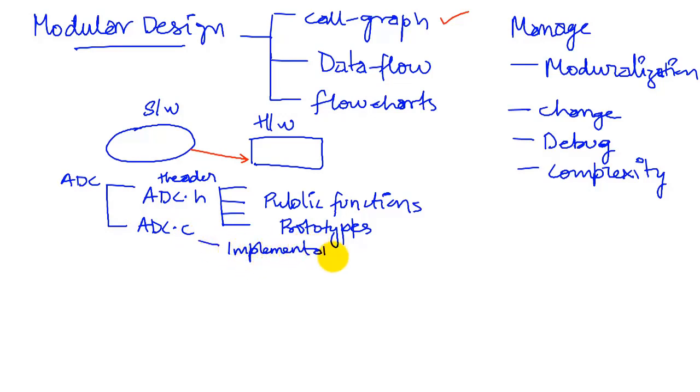So this is where the code that actually runs exists. That is correct. And we want to hide the implementation and expose only the public function. As we saw, this allows us the flexibility of improving the implementation or changing the implementation without changing how the users call this module. But what's the third file?